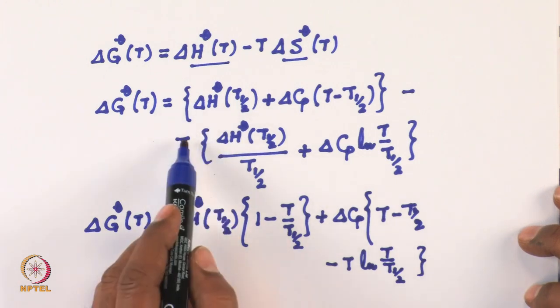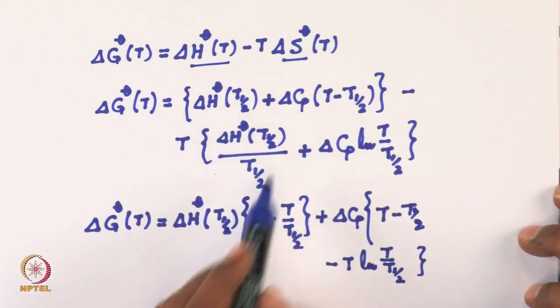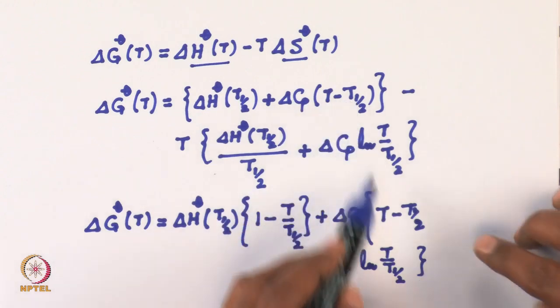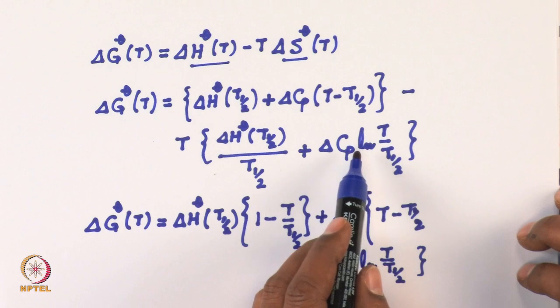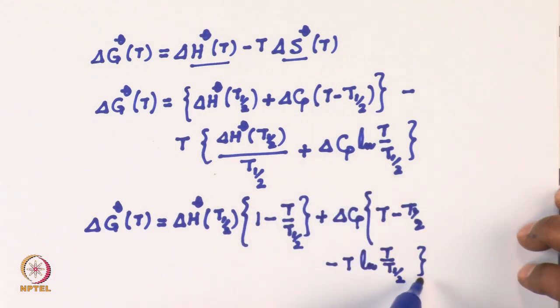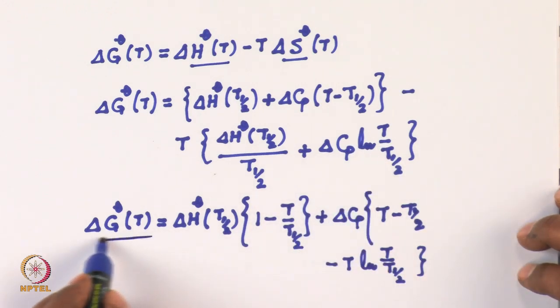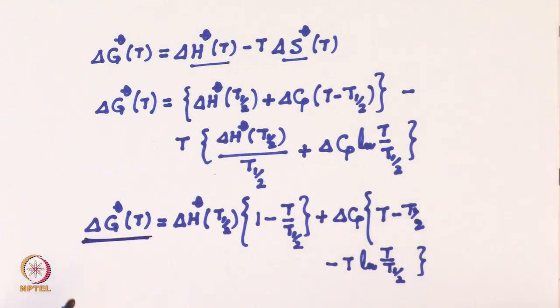Delta H naught into 1 minus T by T half plus delta Cp, T minus T half will come here, and then minus T log T by T half will come from this. So, I have an expression for the temperature dependence of the standard reaction Gibbs energy. Now, let us go to the slide.